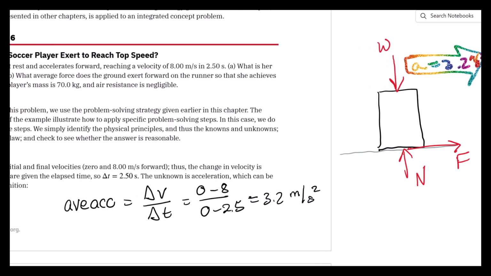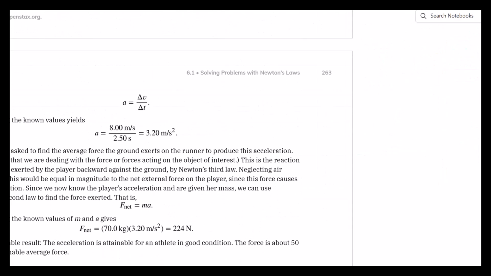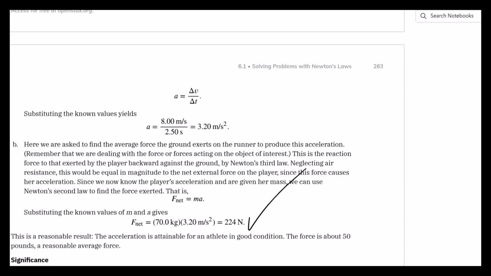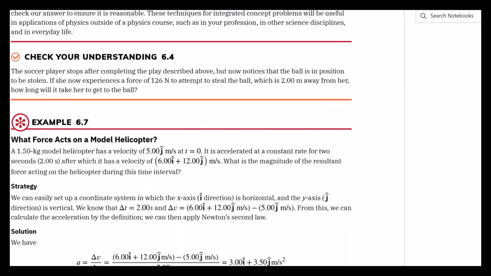So she needs 224 newtons of force of friction with the ground in order to keep that acceleration going forward. So, you know, if her shoes are slippery, then she can't maintain that level of friction, which we haven't really talked about yet, but that's where we're going with that.